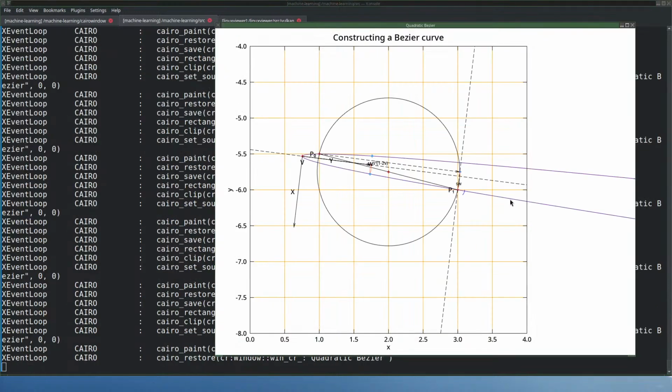Right, it's clockwise. So this is 0, but then you go clockwise. The second angle is clockwise. At least with the y-axis upside down.